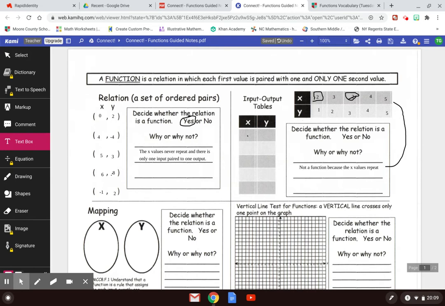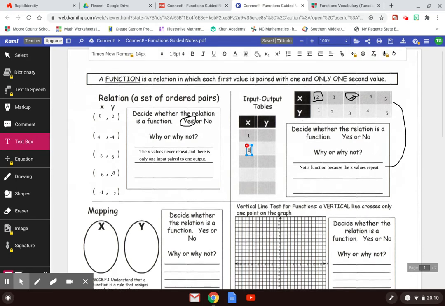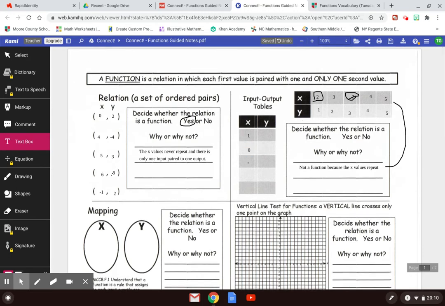So if we go over here to this other input-output table, and we'll just start here. Now again, remember this is a set of ordered pairs as well, so it is a relation.